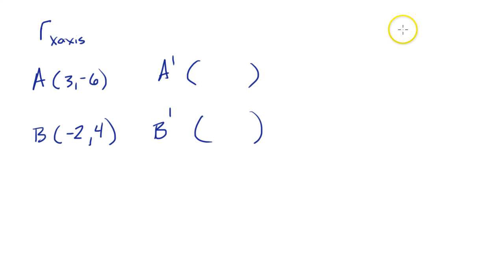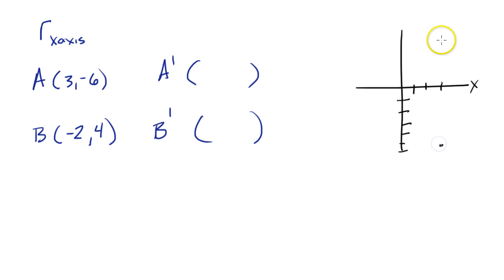Now remember the rule. If you're jumping over, if I was here, it's going to go up here. So all I do is change the y. This becomes 3, +6, and -2, -4. That's the reflection over the x-axis.